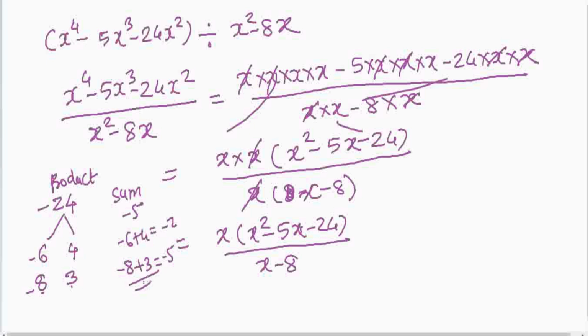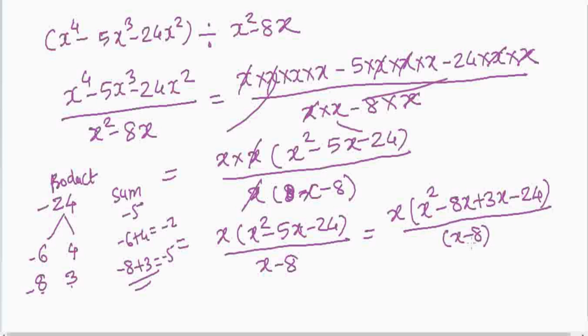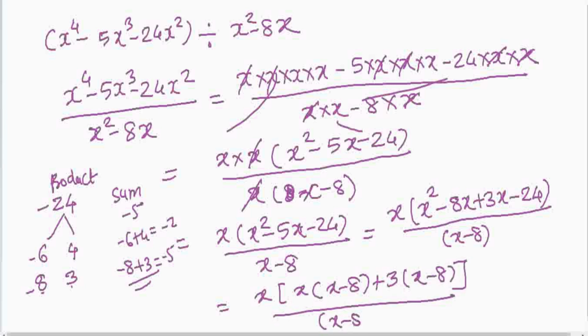So we write this factor: x square minus 5x minus 24 means x square minus 8x plus 3x minus 24, divided by x minus 8, equal to x into x minus 8 plus 3 into x minus 8, divided by x minus 8.